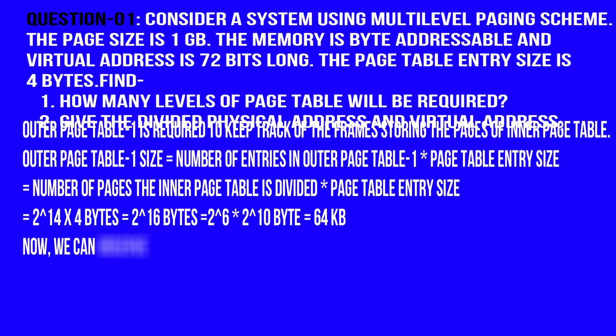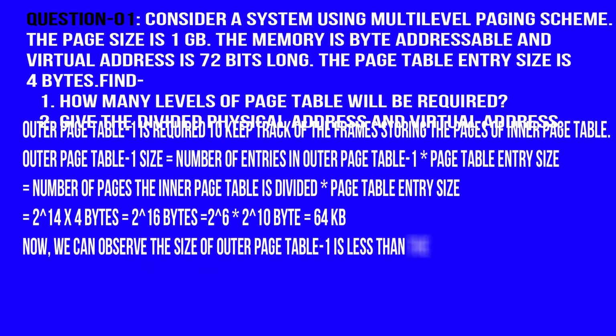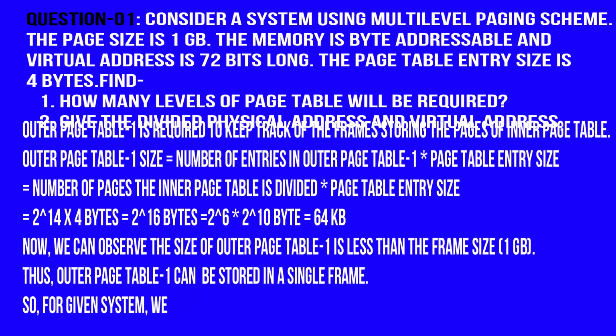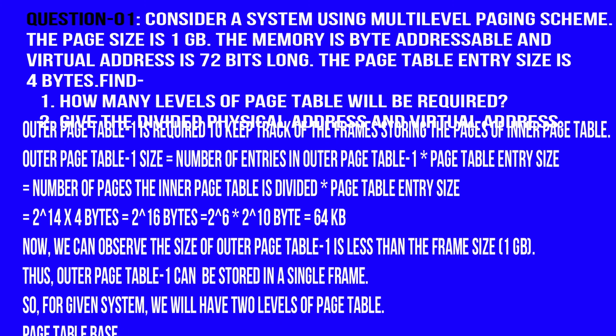We have already found the number of pages of inner page table is 2 to the power 14, times 4 bytes, the page table entry given here, 4 byte, equals 2 to the power 16 byte equals 2 to the power 6 times 2 to the power 10 byte equals 64 kilobyte.